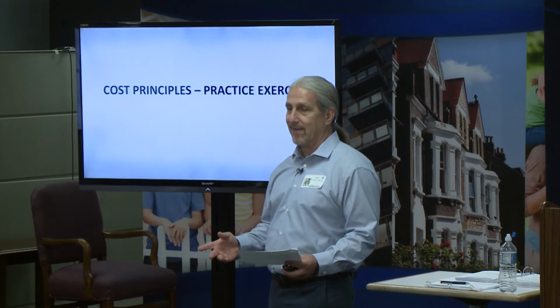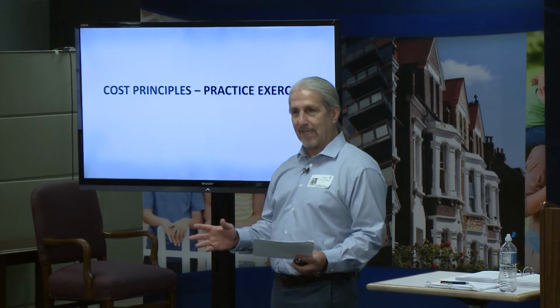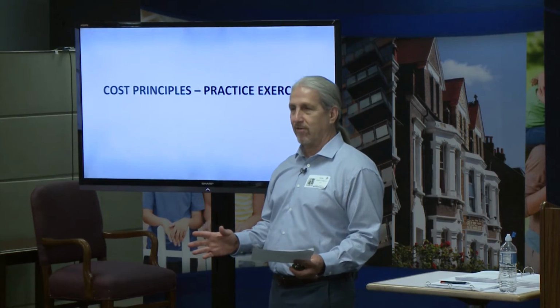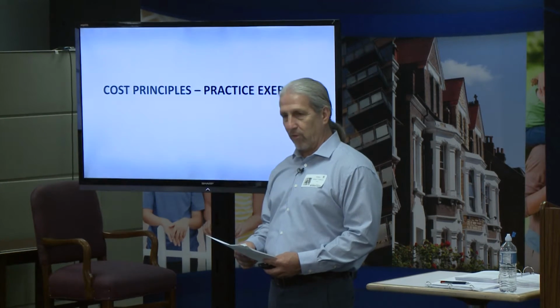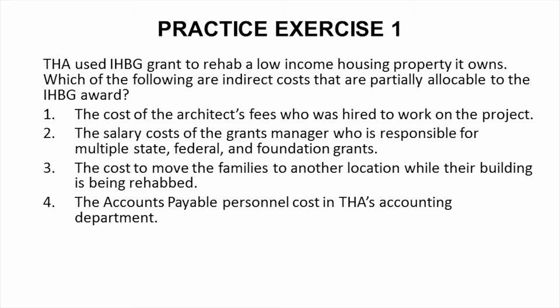Okay, we're back. I see that everyone's got it all done. So let's check our answers, see how we did. The first one, practice exercise 1. THA used an IHBG grant to rehab a low-income housing property it owns.